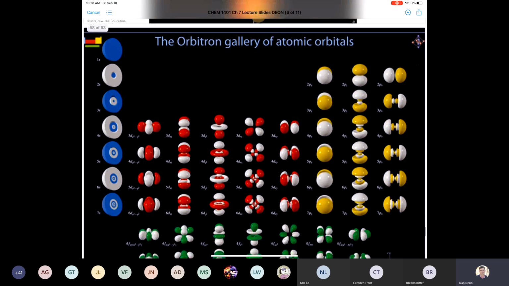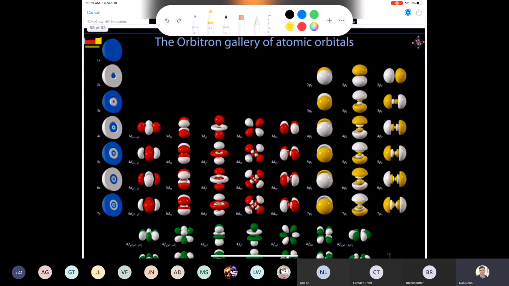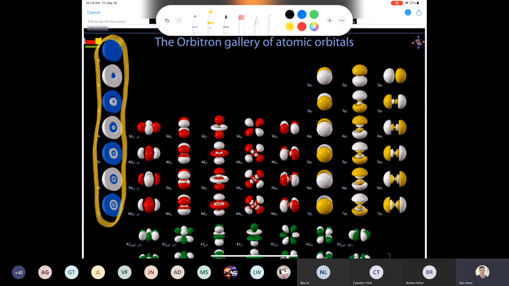And then if you look at all the orbitals and organize them by their shapes, you can see that here are some s orbitals right here. Those are all spheres, right? Those are all spheres here, and we increase in principal quantum number from n is equal to 1 to 2 to 3 to 4 to 5 to 6 to 7, right?